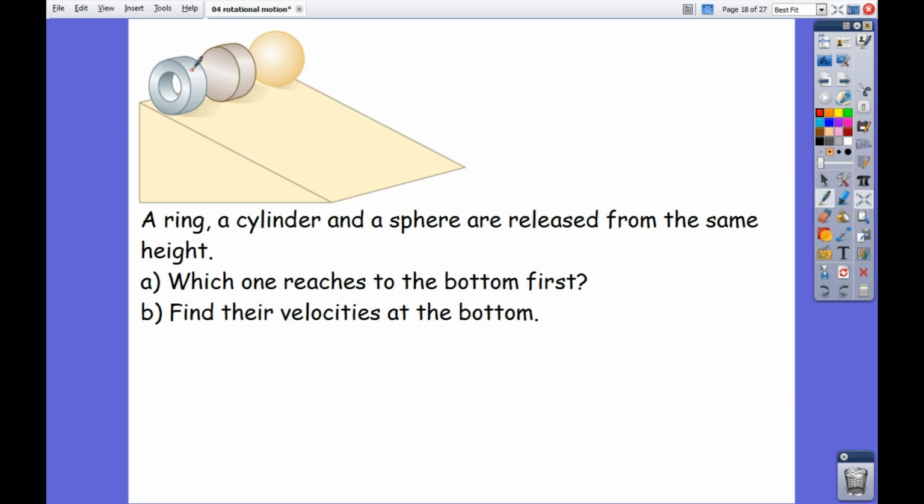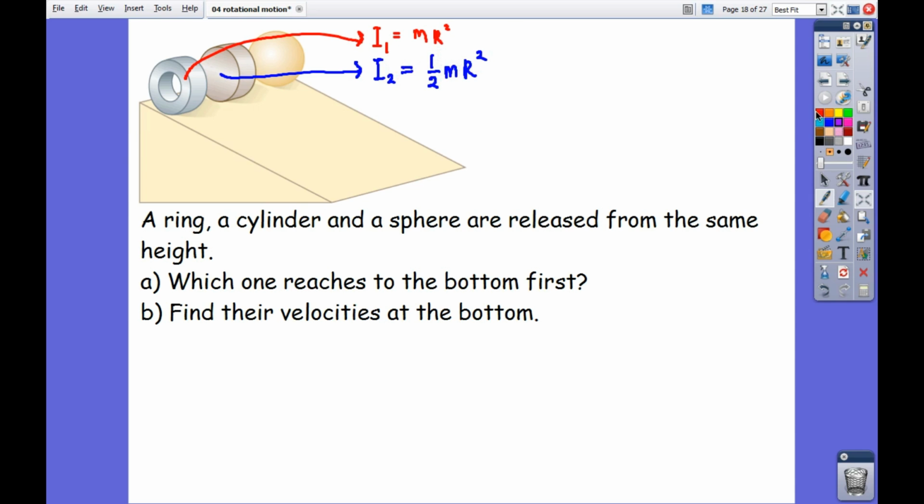So here we have the ring. Let's write down its moment of inertia. Moment of inertia of the ring is m r squared, while for the cylinder, moment of inertia is half m r squared.